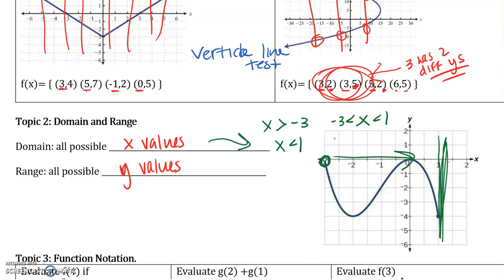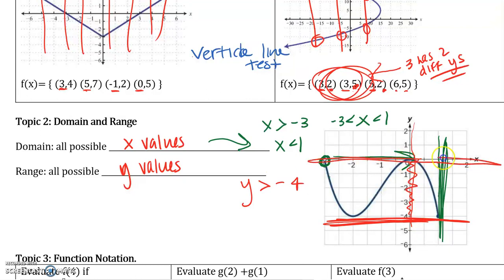The same with my y's. If I look at my y's, the smallest possible y value that I ever use is down here at -4. So my y's are bigger than -4, and I go up, up, up to 0. So my y's are greater than -4, but smaller than 0.